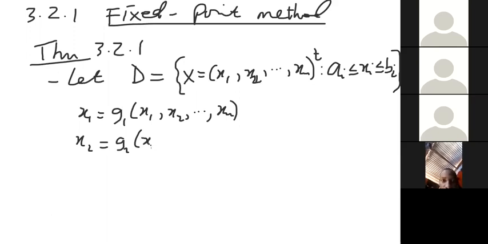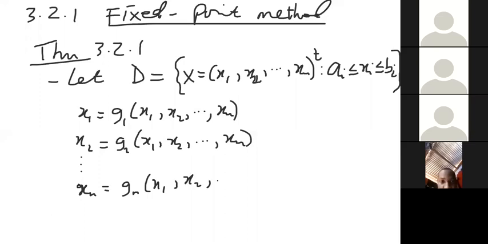The only difference is that we'll look at n variables and n equations. So x2 can be expressed in that form, up to xn, which will be expressed in this form, g of x1, x2, and so on up to xn.